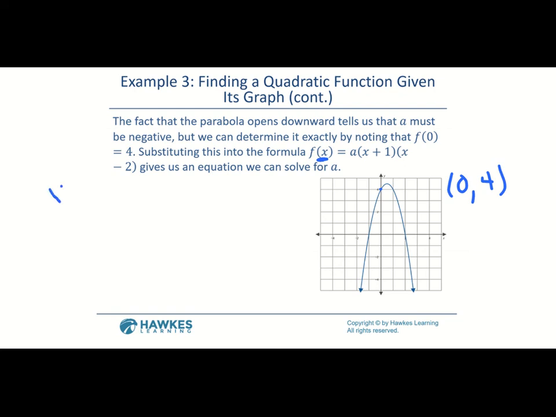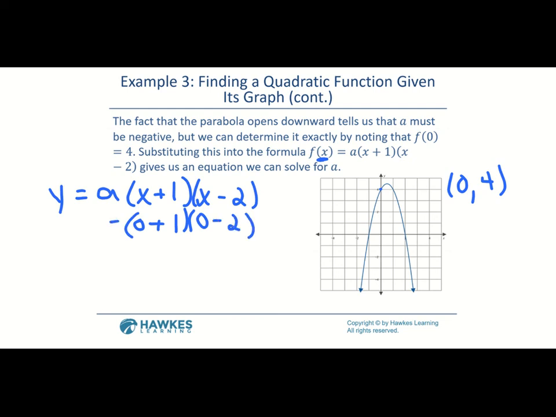So we really did this. We did y is equal to a times x plus 1, x minus 2. And instead of x, we plugged in our zeros for x, and we knew y was 4. And then we solved for a. So let me put that a back in there. Okay, and we ended up with a equals -2.